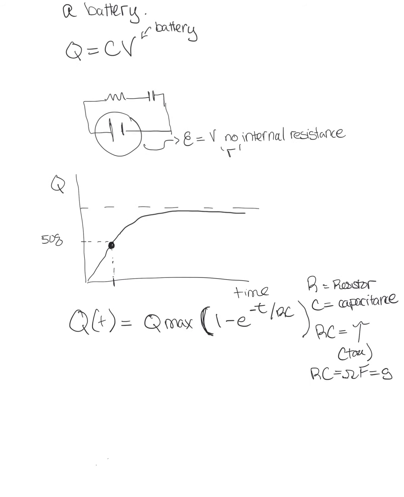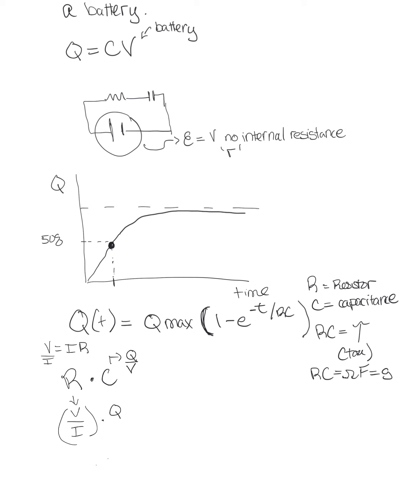And if we look at this right here, we have R. Well, we know that according to Ohm's law, voltage equals IR. So if we want to find R, we would say V divided by I. So this would be V divided by I. Then we have times C. Well, we know C is equal to Q, the charge, divided by the voltage.